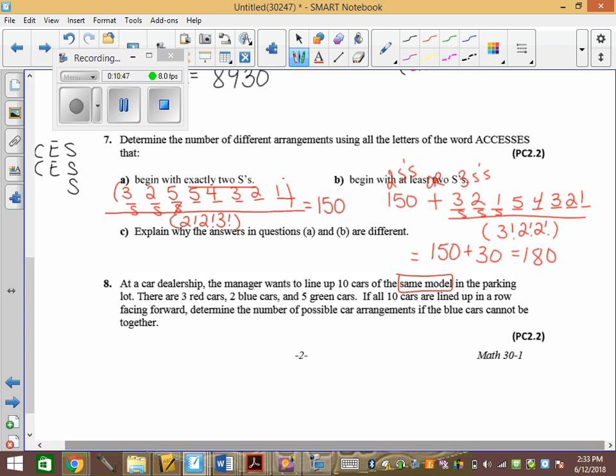There are 3 red cars, 2 blue cars, 5 green cars. If all 10 cars are lined in a row facing forward, determine the number of possible arrangements if the blue cars cannot be together. When it says cannot be together, we do total, no restrictions, minus the blue together.